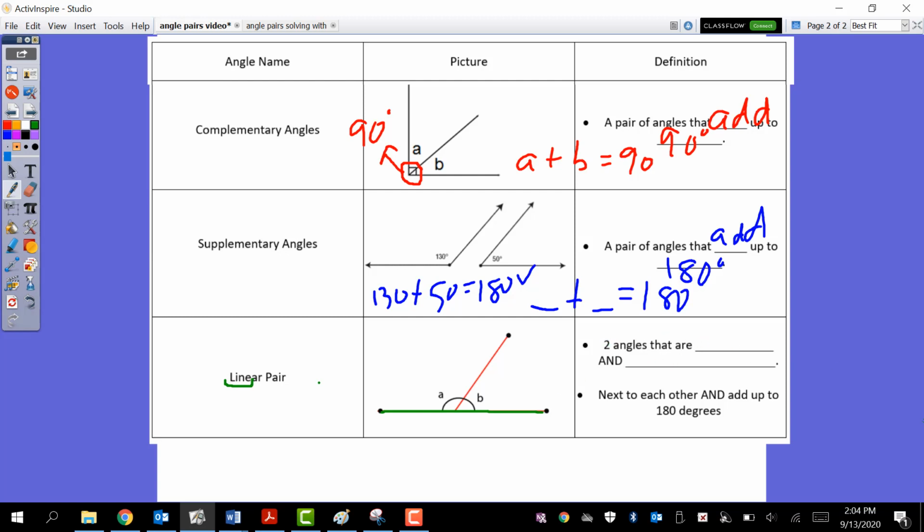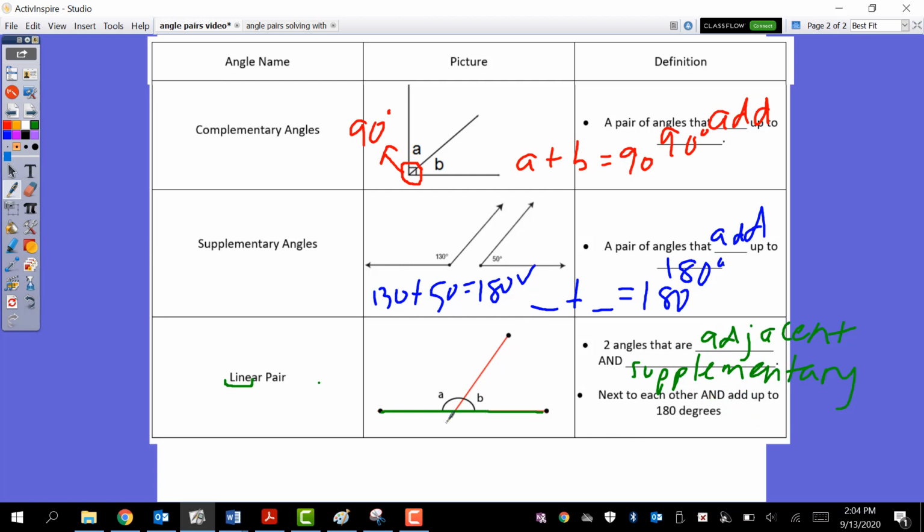The official definition is two angles that are adjacent. Remember we just talked about adjacent angles. They're adjacent and supplementary. So what does that mean for us? That means that they are next to each other because they're sharing that common ray, that common line in the middle. And they're adding up to 180.